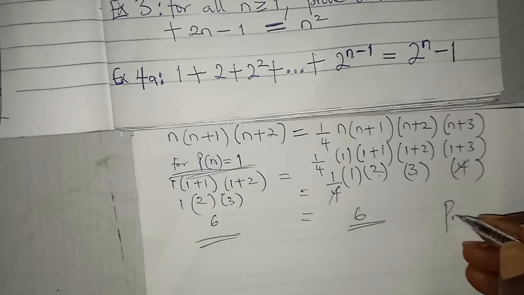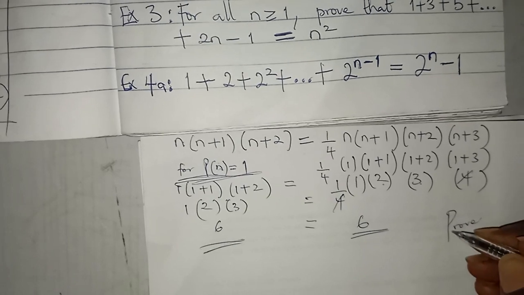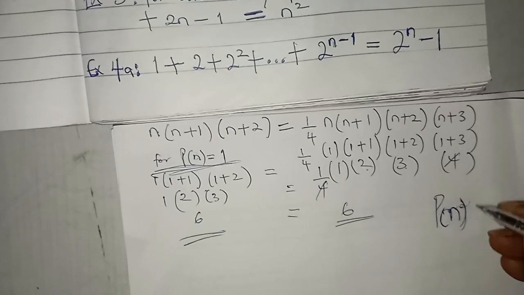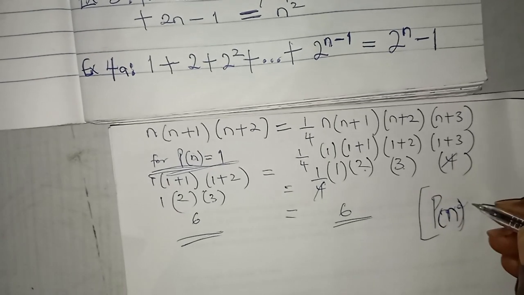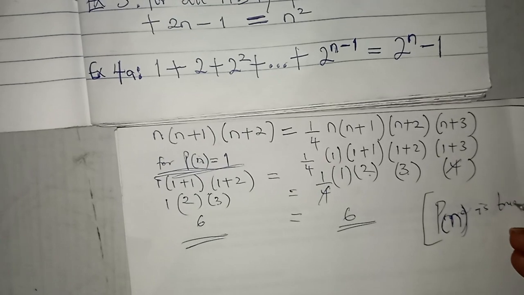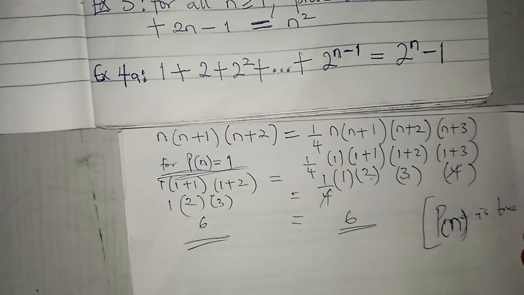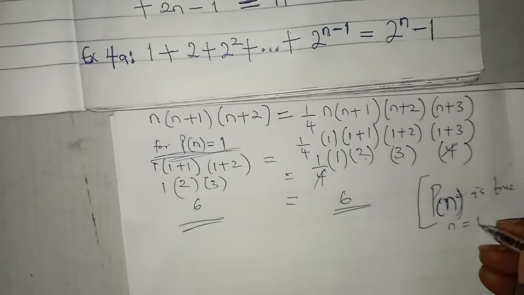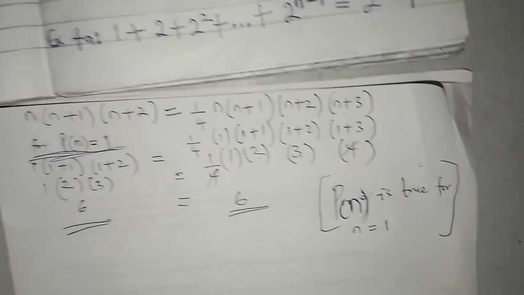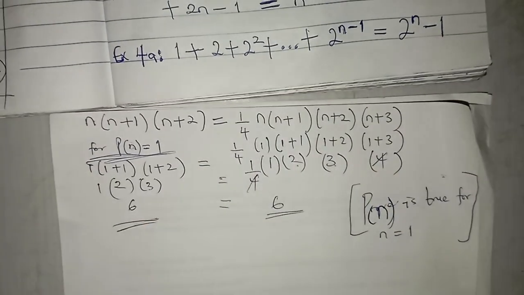So proved. Or instead of proved, we just say P of n is true for n equals to 1. You can say P of n is true for n equals to 1.